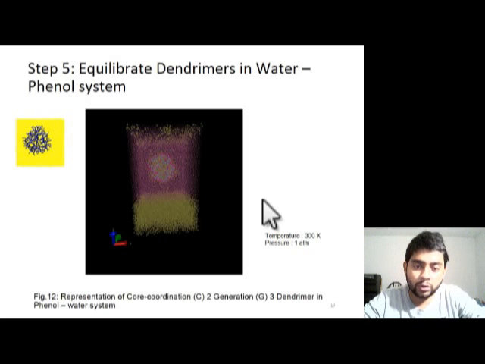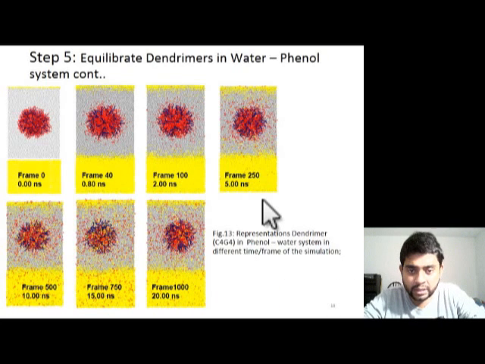We keep this bottom phenol layer to avoid droplet formation inside the water box. And also we let it incubate over the same condition and same time.